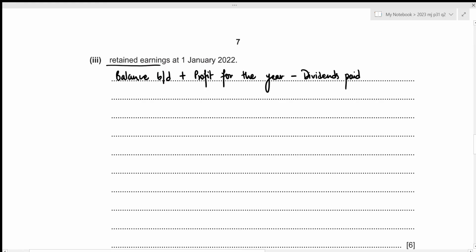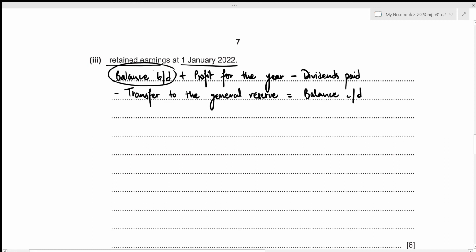And then we also need to subtract for transfer to the general reserve. And this will give the value at the closing date. So that will be our balance CD. Now in this case, we're trying to figure out the balance at 1st January 2022, which is our opening balance. So we're trying to figure this out.